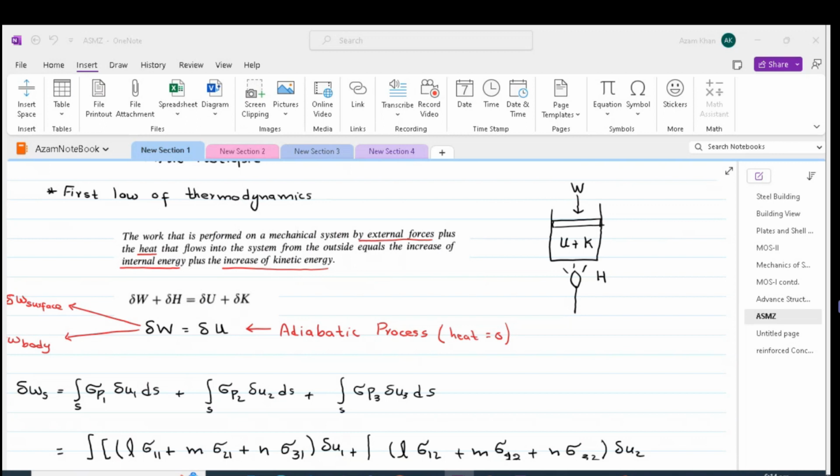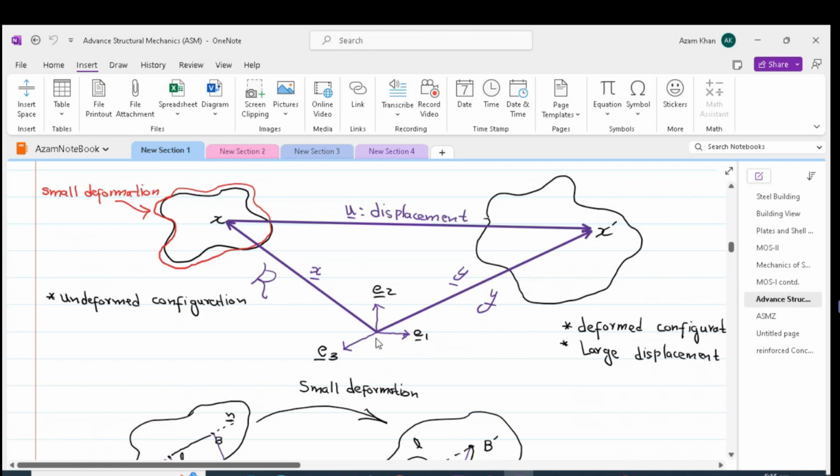Now, in order to apply the first law of thermodynamics, we normally consider a loaded member which is in equilibrium. We assume that the deflection of the member is known. We specify the deflection by known displacements as U1, U2, and U3. So U1 will be in the E1 direction, U2 in the E2 direction, and U3 in the E3 direction.